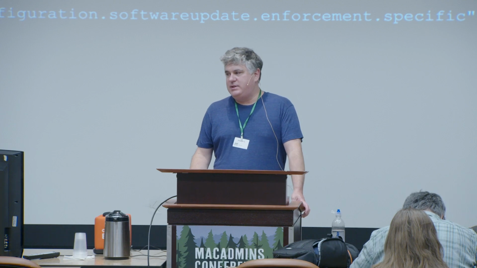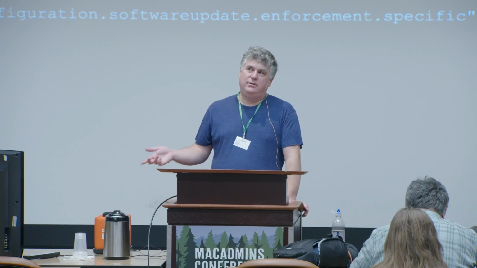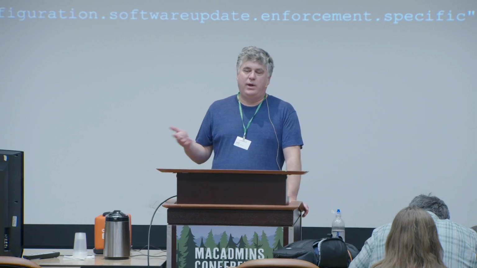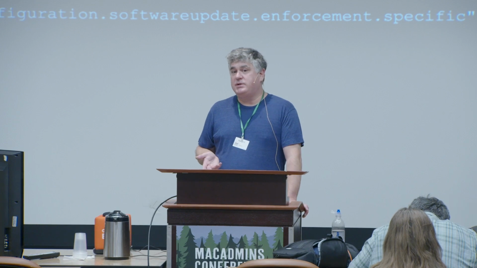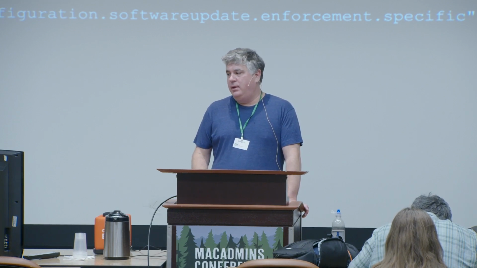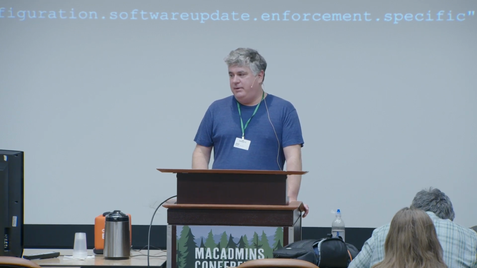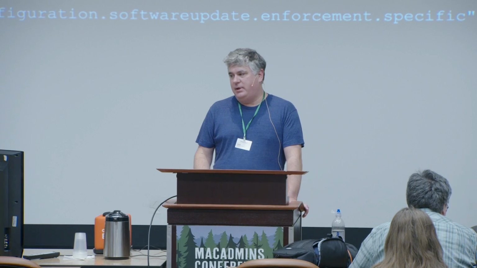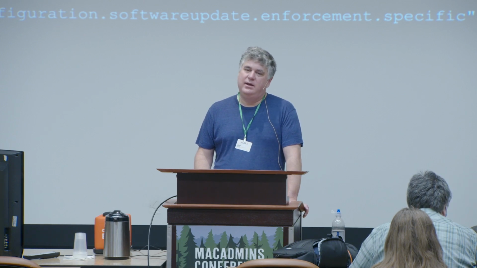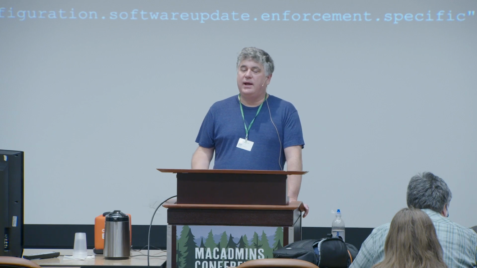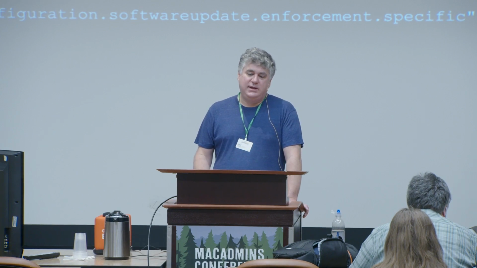This is just asking the DDM server what that declaration is supposed to look like for that client. In this case, it's the same information, the 14.5, the build number, and the target date that it gets back. So you can use this to verify that the client sees what you want it to see.